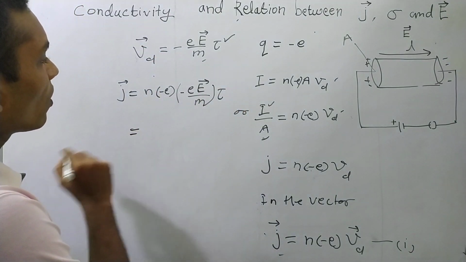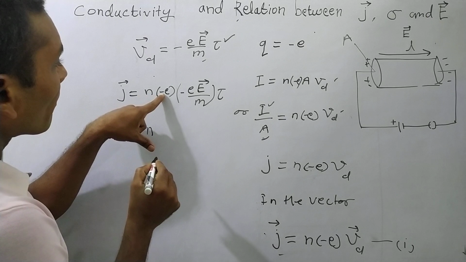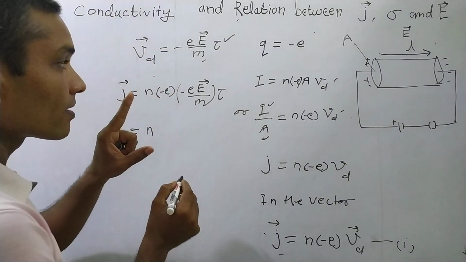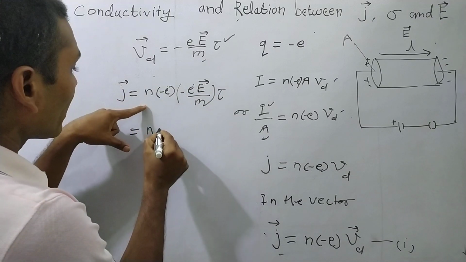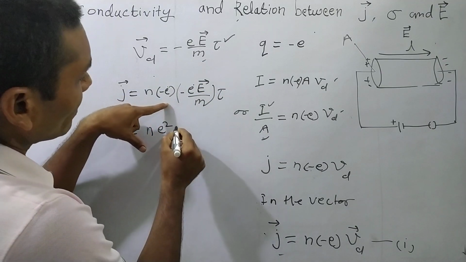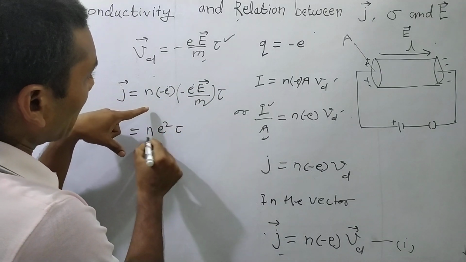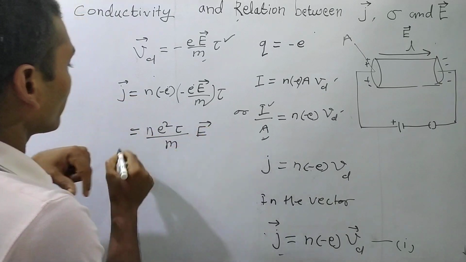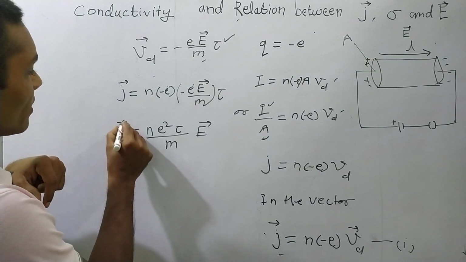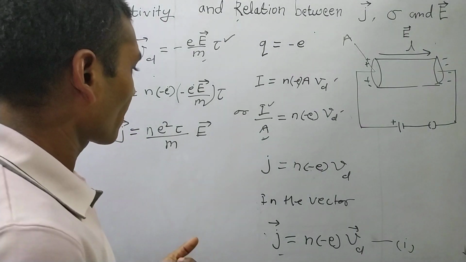Here minus into minus is plus, so we can write vector J equal to n e square tau upon m into vector E.